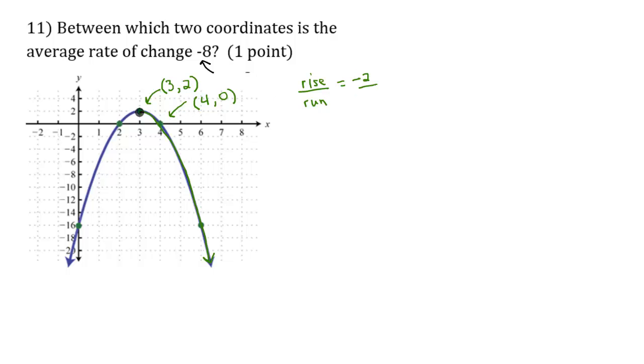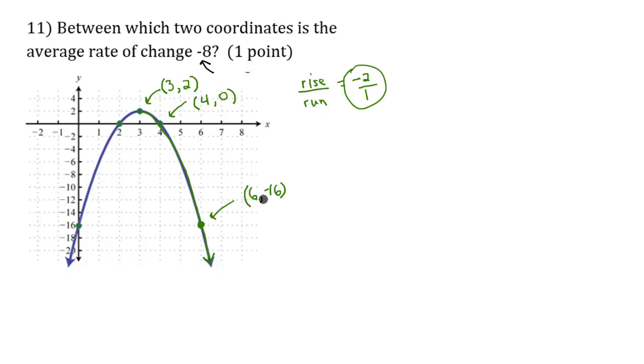And then from this x value of 3 to this x value of 4, that change was only 1. So the average rate of change between these 2 points is going to be -2 over 1, which is not what we want.